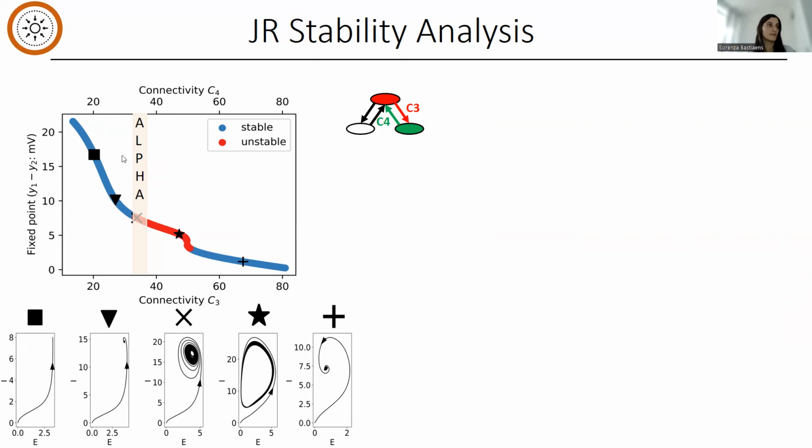For example, in this case, we have on the y-axis what are called the fixed points. This is part of the steady state analysis, and essentially what this is telling us is that when the connectivity parameters are within the part where we get this red curve, we get oscillations, the frequency of which tends to decrease as this value increases.